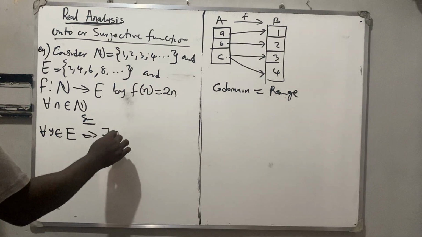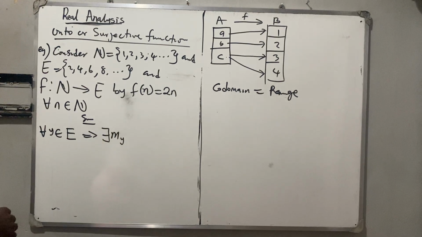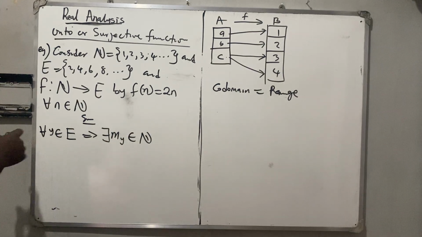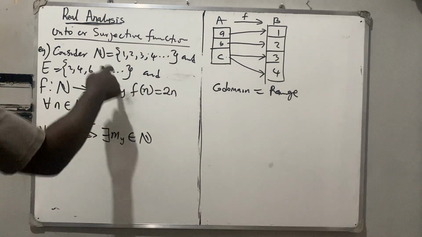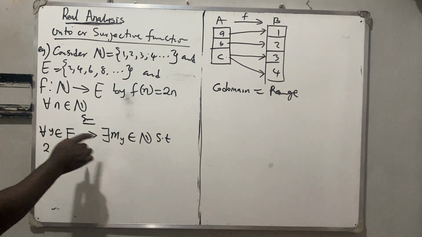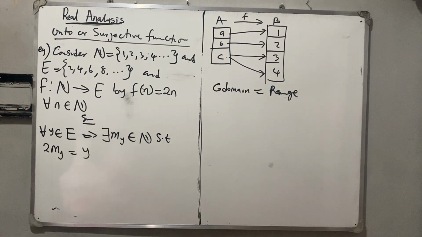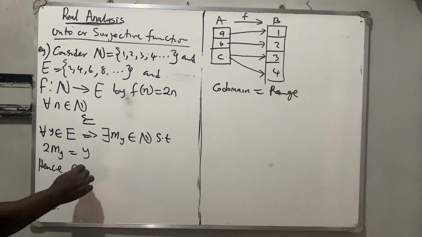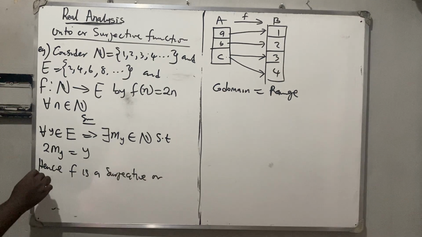Let me use m. There exists m that depends on y, that is an element of a natural number, such that 2 times that element you find must give you that y. Okay, 2 times that will give you that y. Hence we say that F is a surjective or onto function.